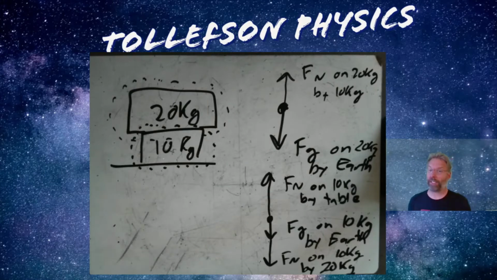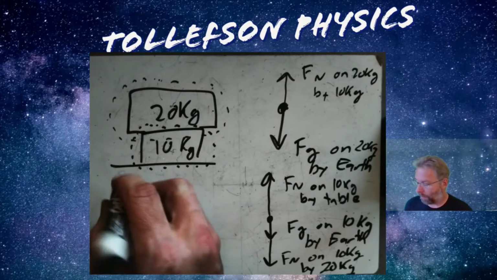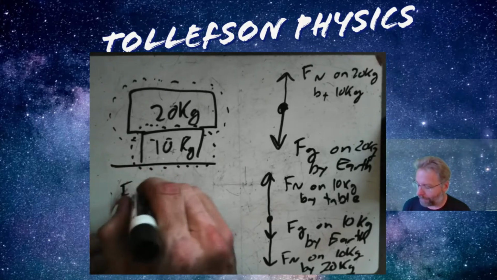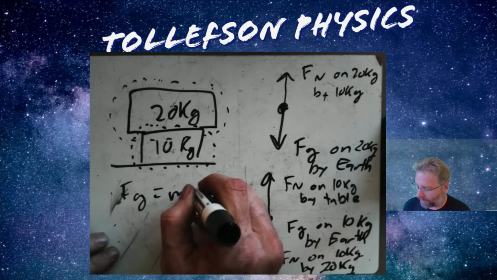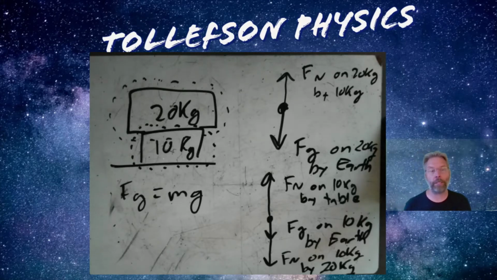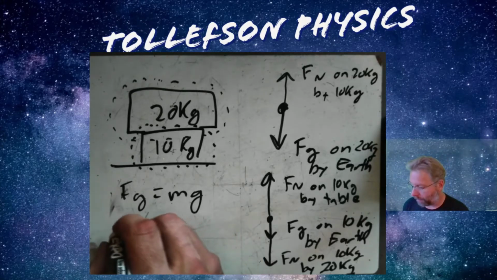Now I can actually calculate what the force due to gravity is for both of those. So remember, the force due to gravity equals its mass in kilograms times g. And so for this purpose, we're going to use 10 for our acceleration due to gravity.